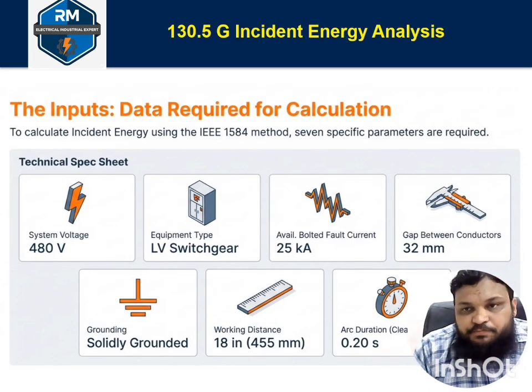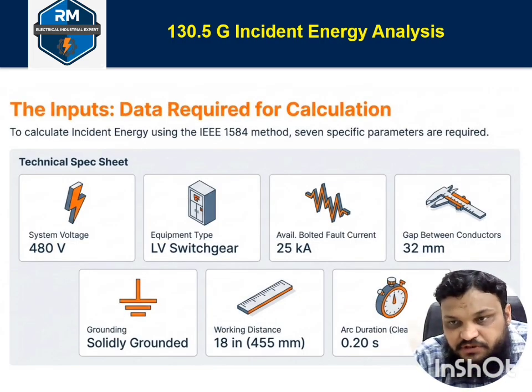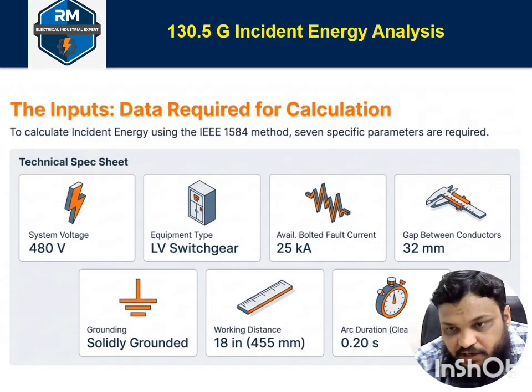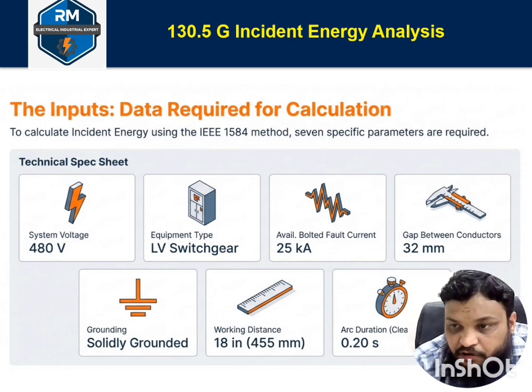Now, what are the important parameters on which incident energy certainly depends? According to the IEEE 1584 method, 7 parameters are required. Number 1 is system voltage. Number 2 is how the LV switchgear is designed. It is metal clad switchgear or any other type of switchgear, that depends on the design factor. The third one is available fault current. The fourth one is the gap between the three-phase conductors on which the person is going to work on live equipment.